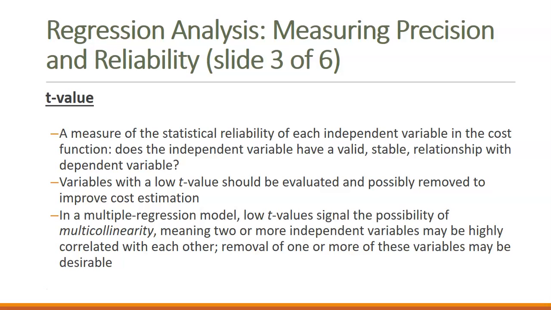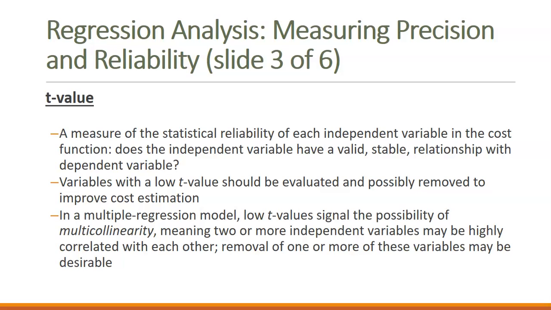The t-value is a measure of the statistical reliability of each independent variable in the cost function. In a multiple regression model, low t-values signal the possibility that 2 or more independent variables may be highly correlated with each other, and we might want to remove one of those variables. If we have a low t-value, we should look at them, evaluate them, and possibly remove them.